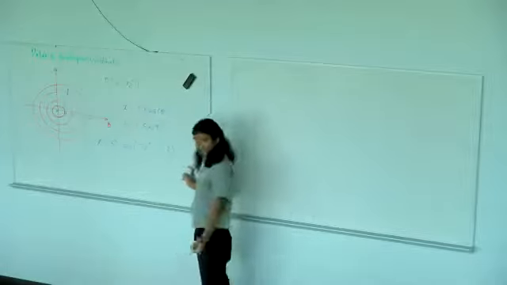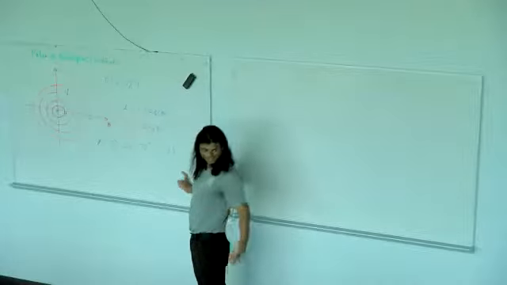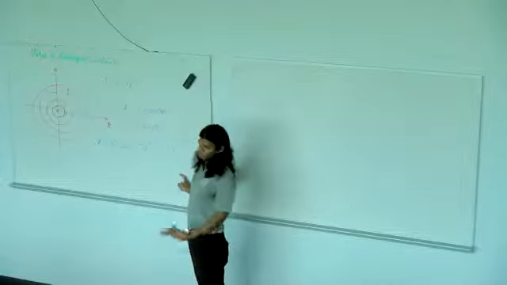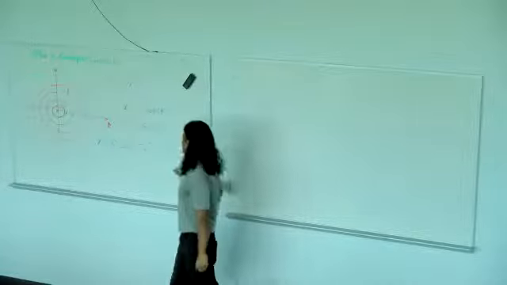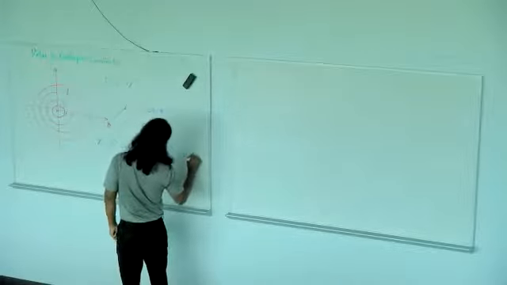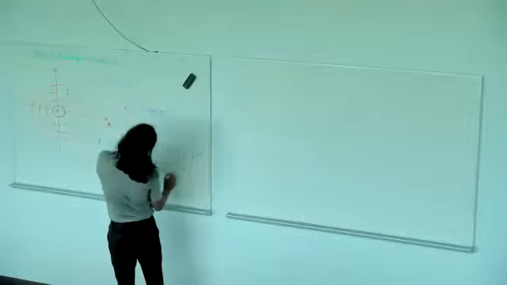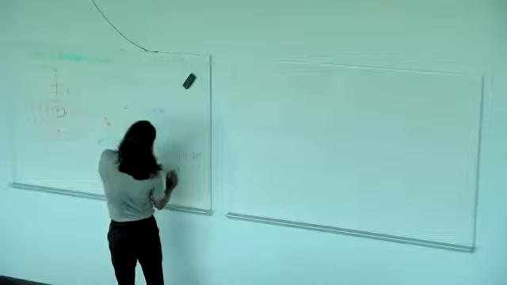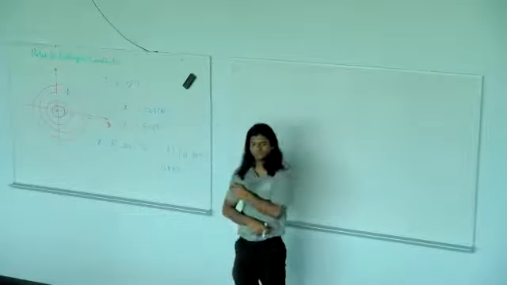So 3 times, what do you get? Cosine 72 degrees is 0.309. Good.